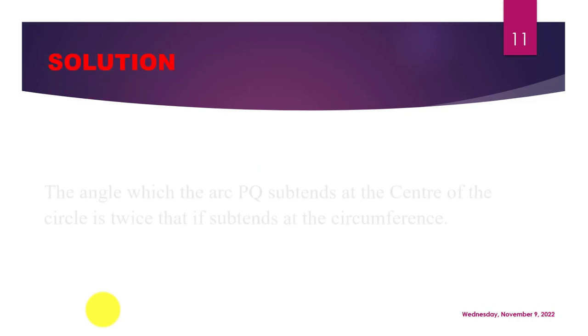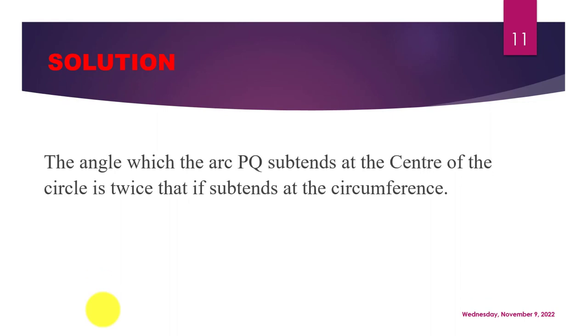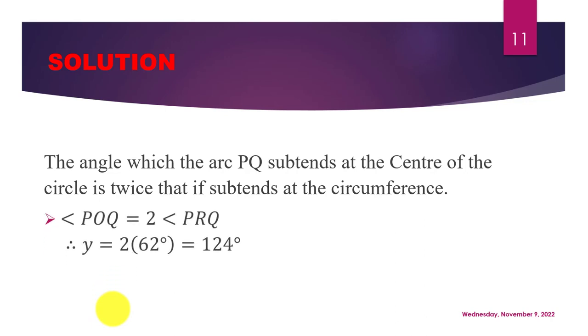The angle which the arc PQ subtends at the center of the circle is twice the angle that is subtended at the circumference. So, from the diagram and by this theorem discussed, we can say that angle POQ is twice angle PRQ.